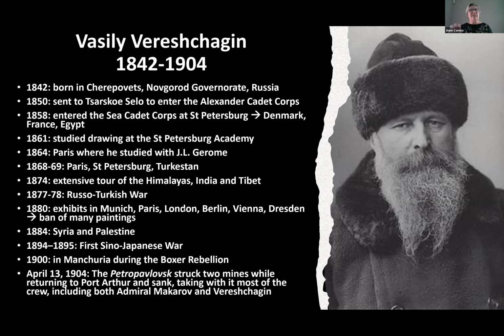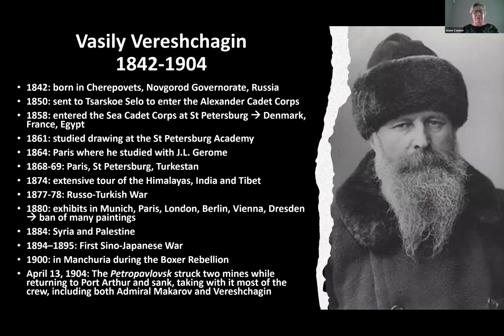And imagine that at that time, that must not have been an easy trip. In 1877 and 78, he was present during the Russo-Turkish War. He had many friends among the generals who would invite him to be with them and to illustrate what was happening. Unfortunately for them, he did it in the opposite way to what they were expecting.